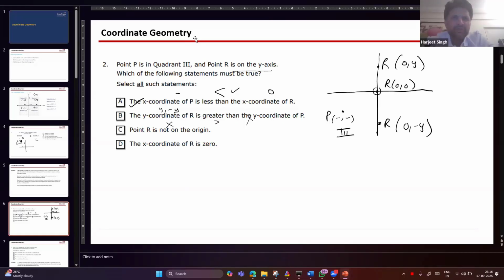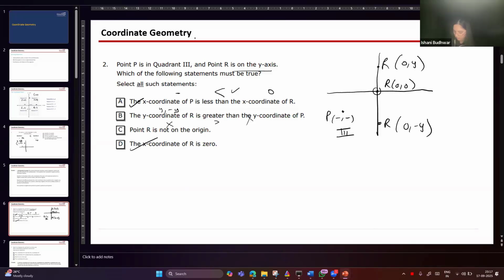Okay, so even C is not correct. What about D? The X coordinate of R is 0. That's true. X coordinate of R is 0. True, right? So the answer is A and D. So always take scenarios. First of all, draw. Take scenarios of where R can be.